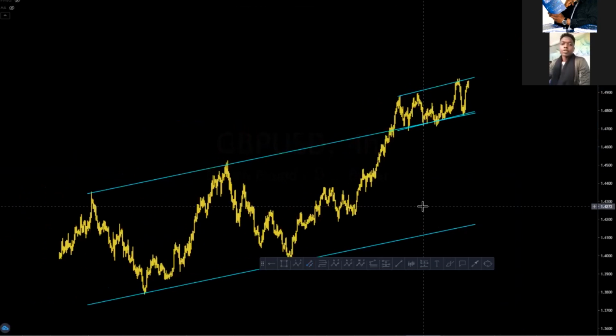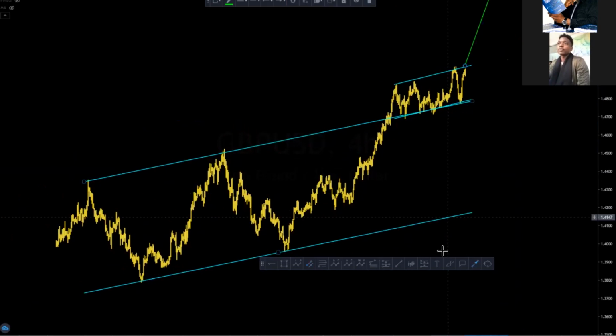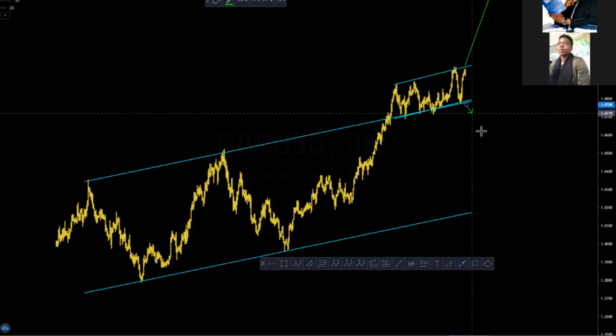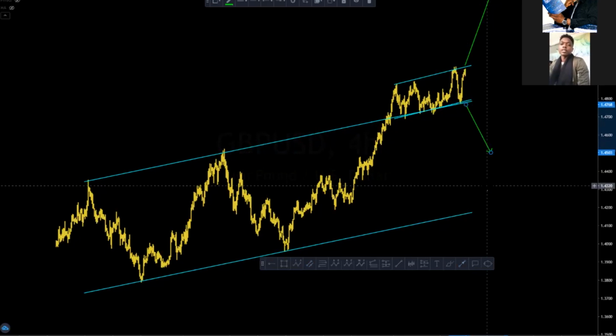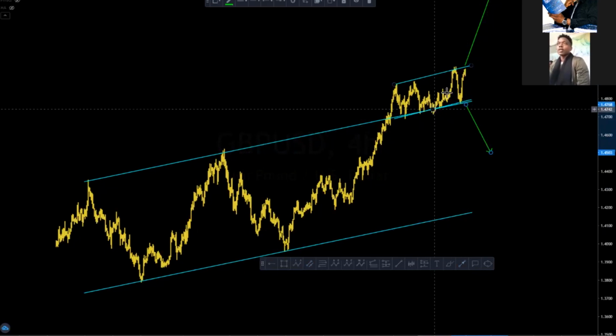One thing we're looking at with this pattern is that one of two things can happen. Either we break out, get that pattern, and continue to the upside, or we continue back into the main channel that we have. So here you're not forcing anything to happen. We're just waiting to see how the market pattern is going to show us. This is a classical breakout retest pattern, and then we know the trend direction.